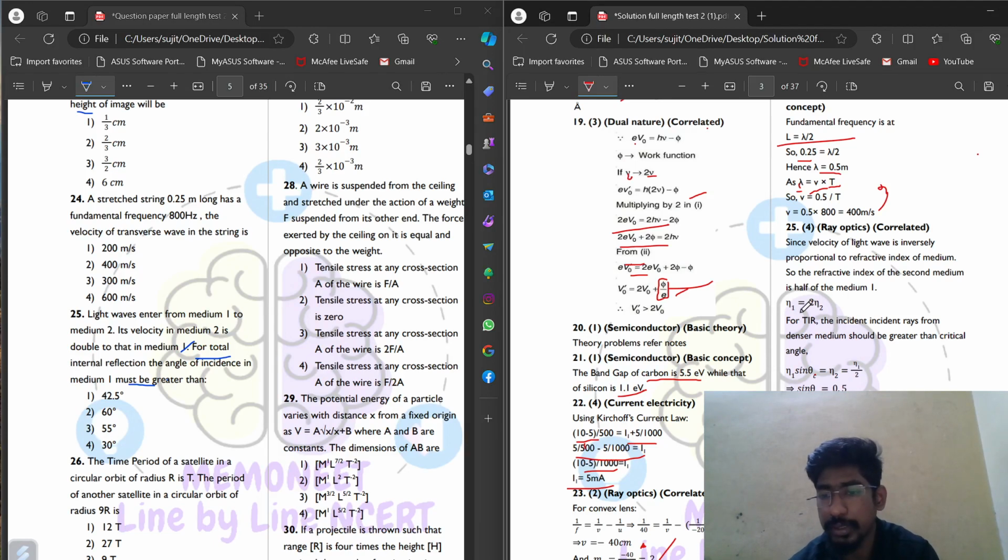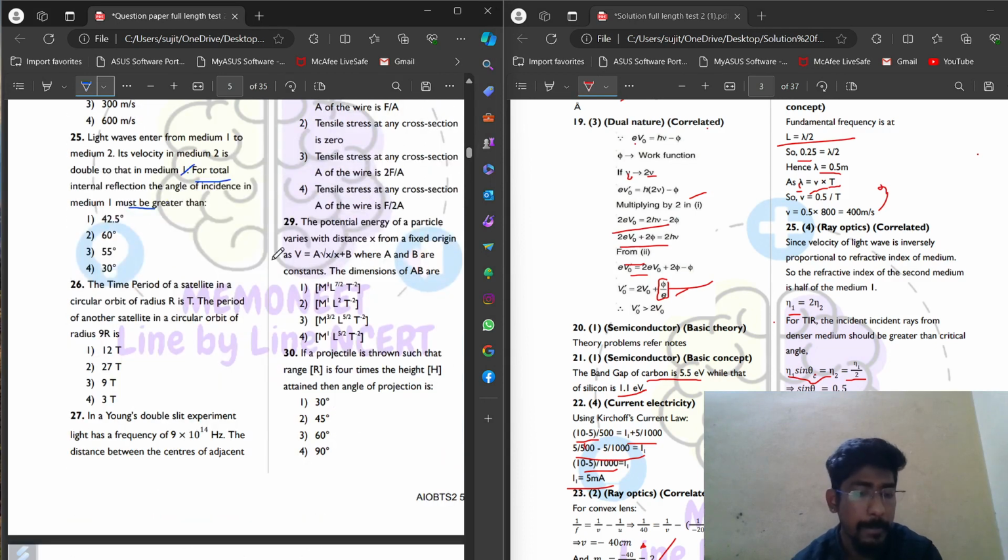Total internal reflection is one kind of refraction, so it obeys Snell's law, sin i by sin r equals mu1 by mu2, or the modified form looks like this. Just put the value here and you will get sin theta c, giving theta c equals 30 degrees.